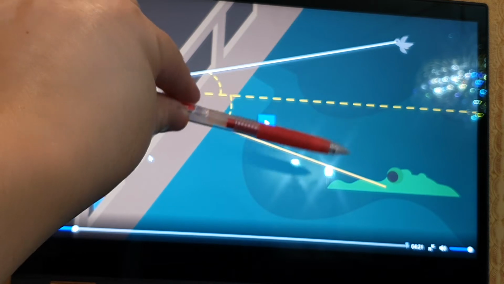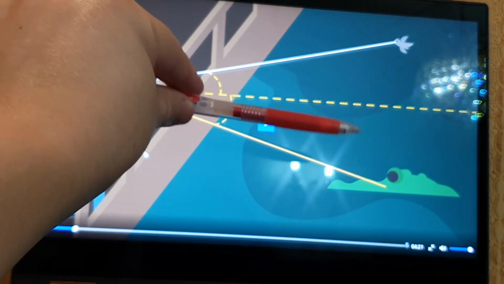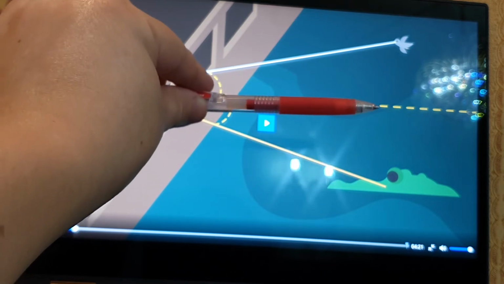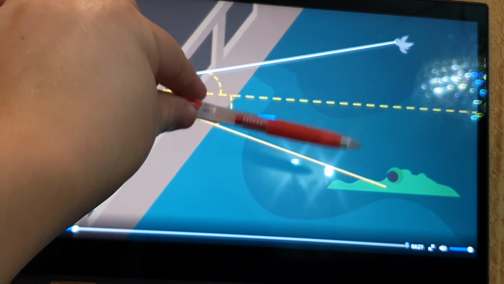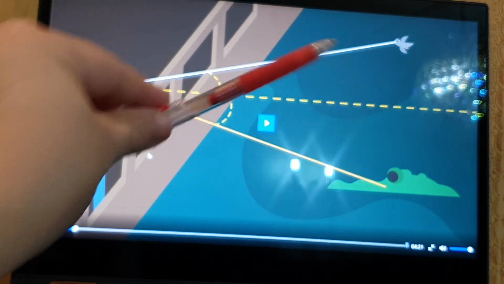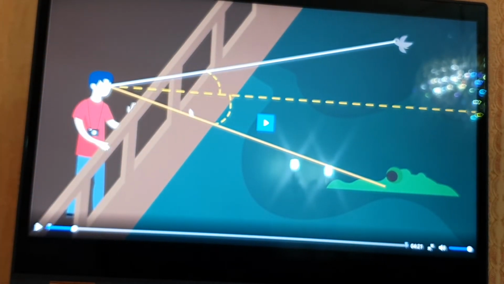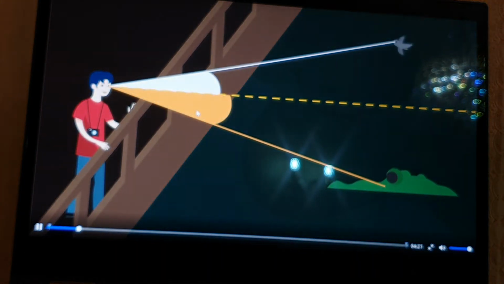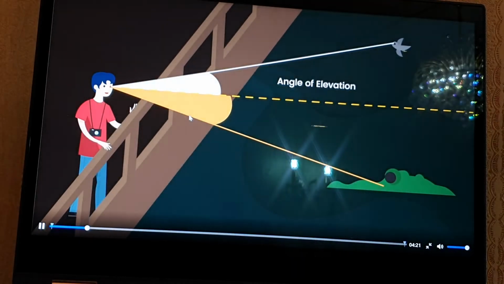This angle that is going down, when you're depressed, you look down, right? People who are depressed look down. They won't look happy, they won't look up. So that's how you remember. D for depression. Then elevation, you look up. These angles are called angle of elevation and angle of depression.